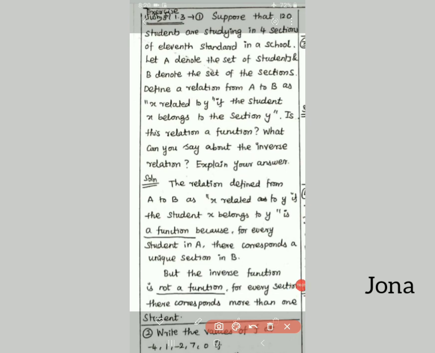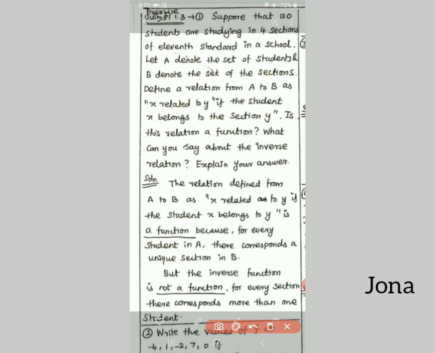Now let me see exercise 1.3. Look at the first problem. Suppose that 120 students are studying in 4 sections of 11th standard in a school. Let A denote the set of students and B denote the set of the sections.